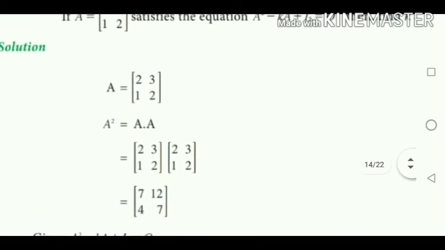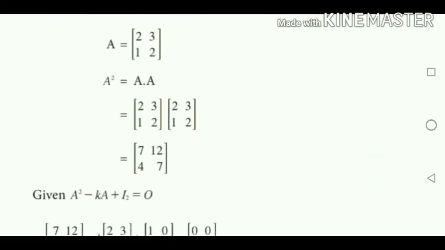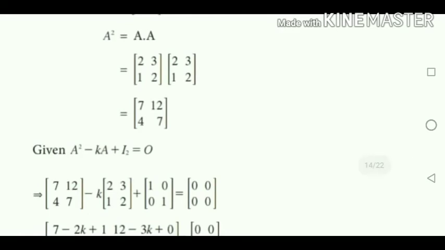A square means multiply this A by A, that is 2 3 1 2 multiplied by the same matrix 2 3 1 2. I think you know how to multiply: first row is multiplied by first column, and first row is again multiplied by second column. Likewise second row is multiplied by first column, second row is multiplied by second column. You are getting the A square answer 7, 12, 4, 7.